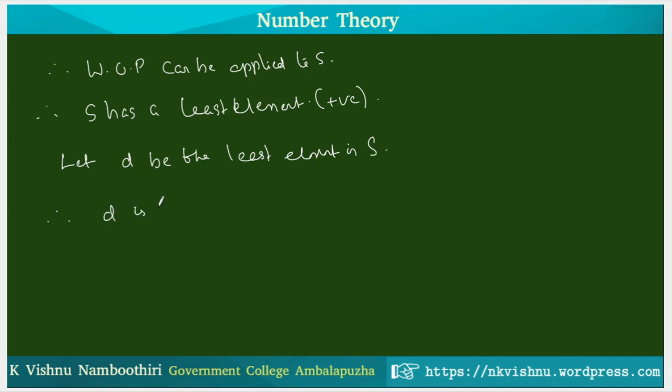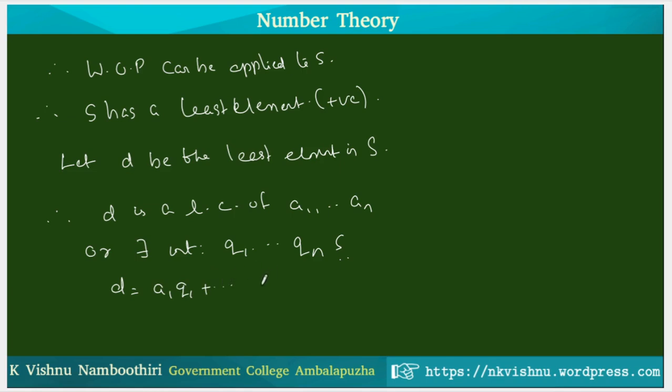Therefore D is a linear combination of a1, etc., an, or there exist integers q1, etc., qn such that D is equal to a1q1 plus etc. plus anqn.